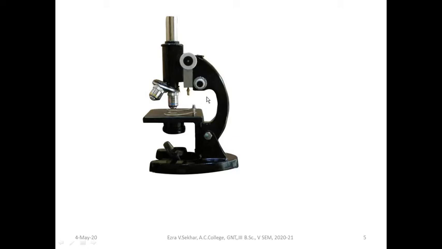This compound microscope was first discovered by the Janssen brothers, Zacharias Janssen and Hans Janssen of the Netherlands. The similarity between the simple microscope and the compound microscope is that they use light as the source of magnification.